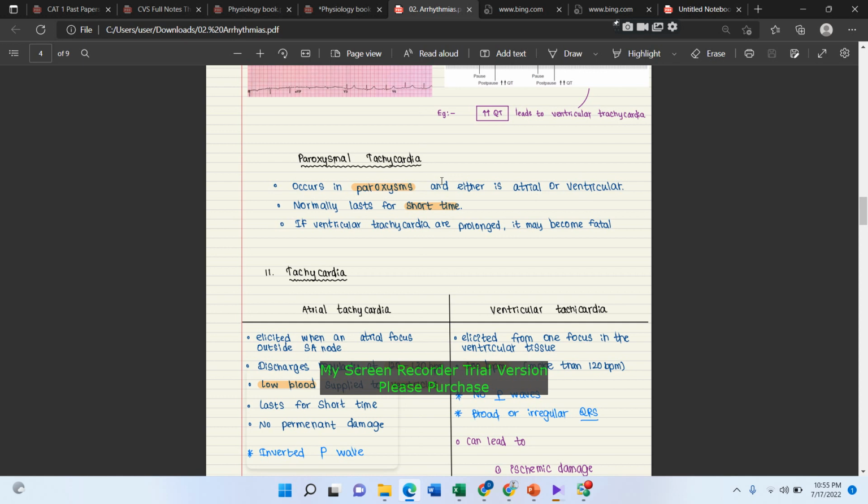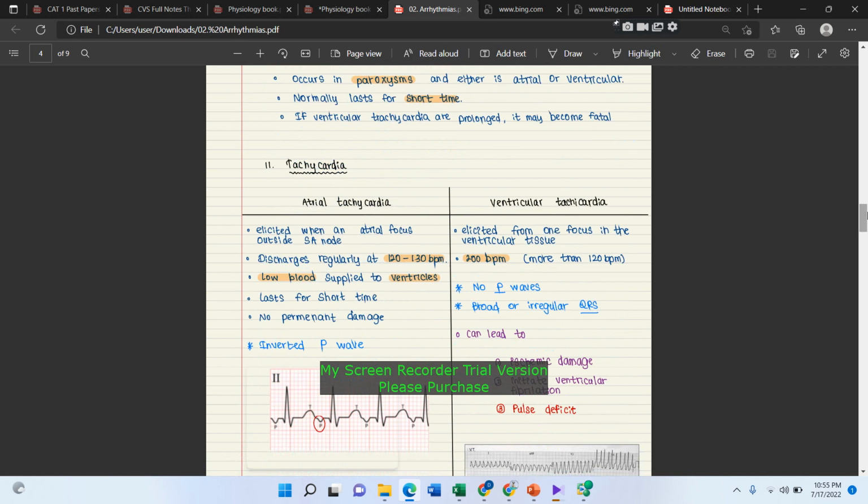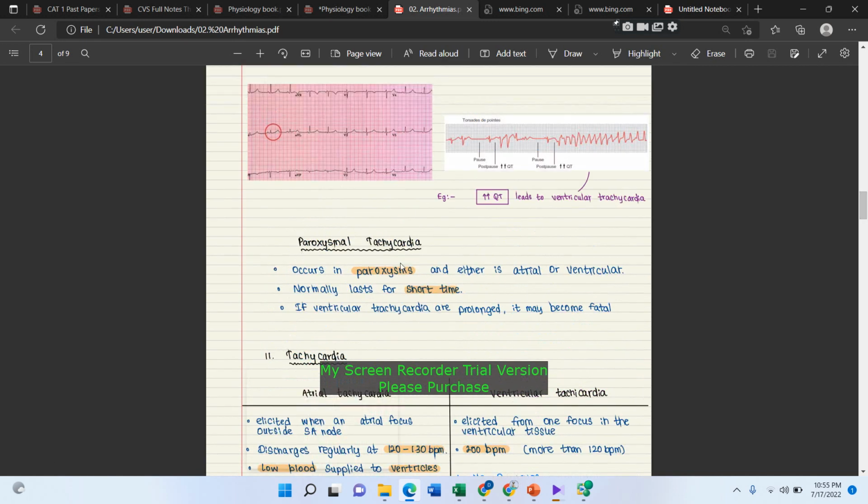If we're talking about paroxysmal tachycardia, it means that it occurs in paroxysms and is either atrial or ventricular. It normally lasts for a short time. If ventricular tachycardia is prolonged, it may become fatal.